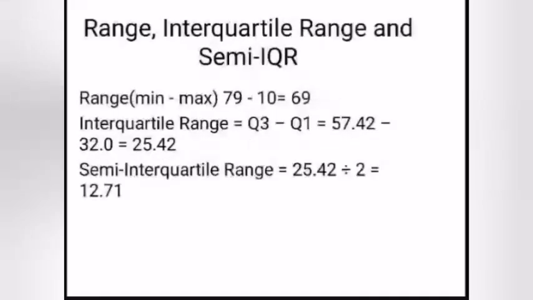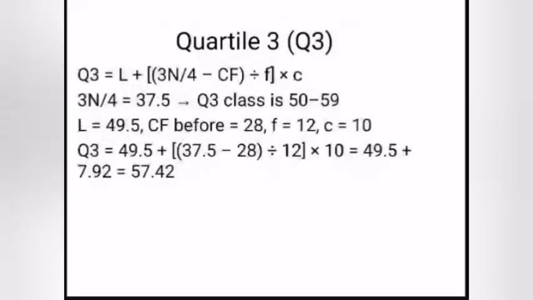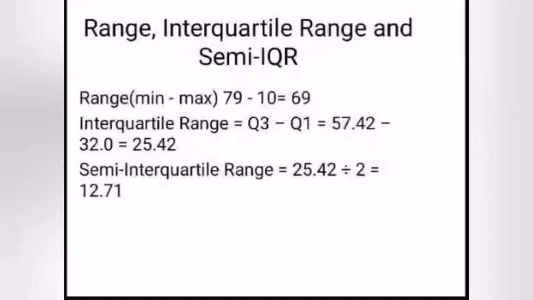So now we have found your quartile 1, which is the lower quartile, and quartile 3, which is the upper quartile. The next thing we'll find is your interquartile range, semi-interquartile range and your range. Range is the maximum number minus the minimum number, which is the largest number minus the smallest number.